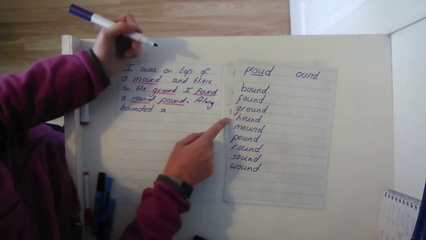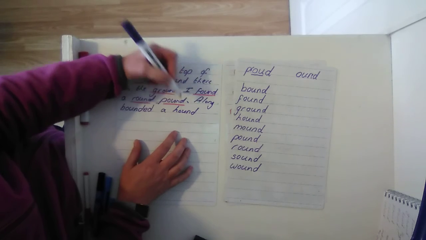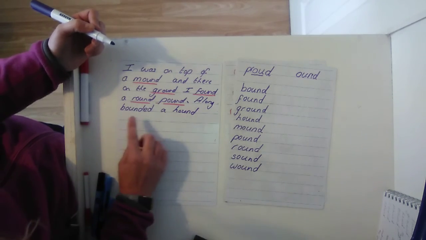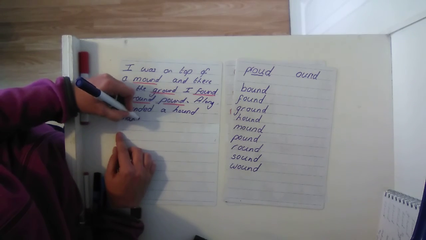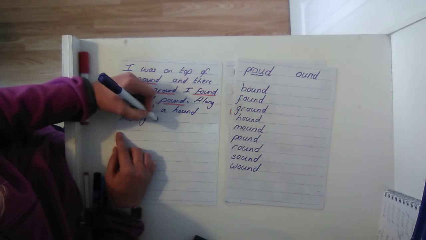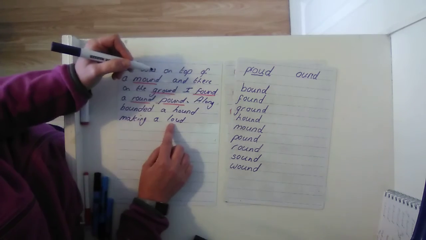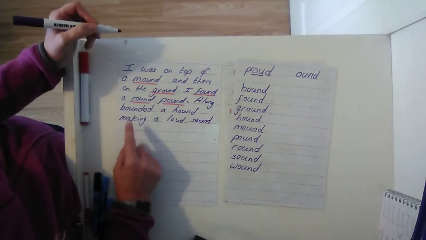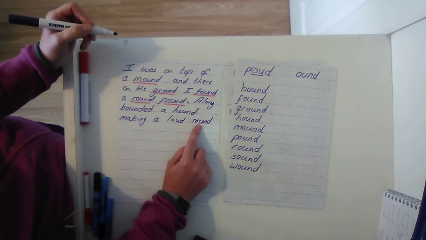Along bounded a hound. So he's coming really, really fast along. And what does he do? Along bounded a hound in making a loud, there's our ow sound, making a loud sound.